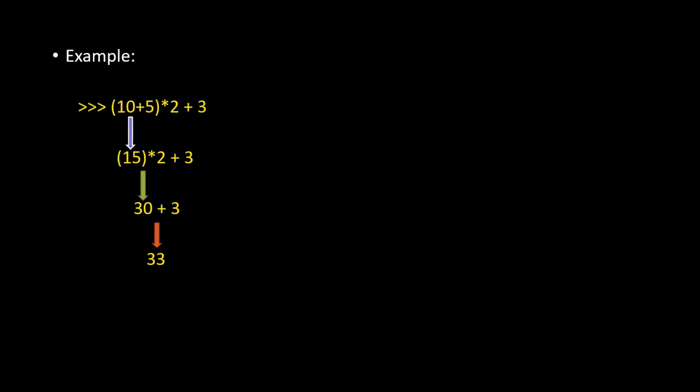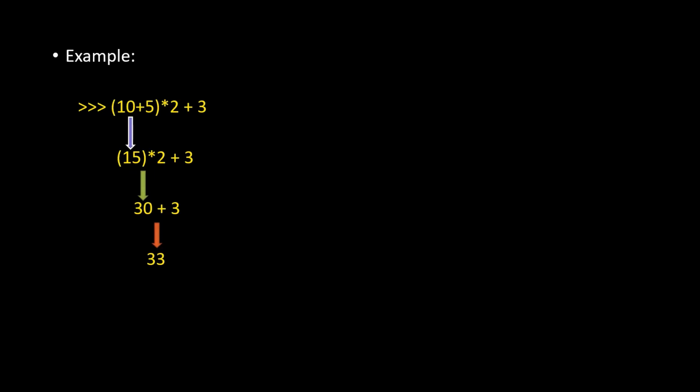For example, you can see here the example 10 plus 5 placed in parentheses, times 2, plus 3. The first preference goes to the parentheses. Between the parentheses there is 10 plus 5, so first we give priority to 10 plus 5, which is 15. The next step is 15 times 2 plus 3.